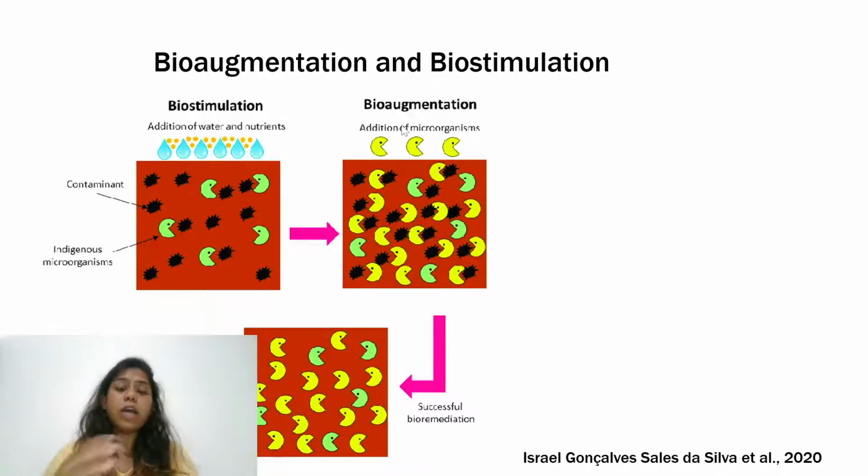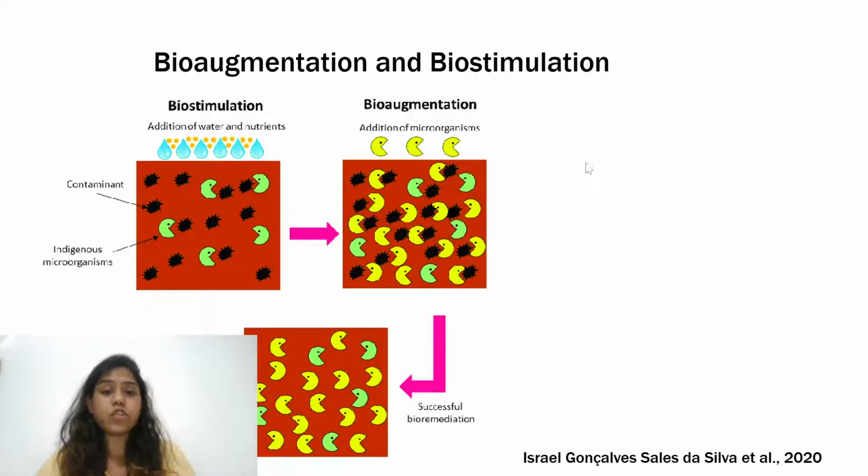So this is bioaugmentation. Augmentation means addition. So we add these external microorganism sources to the contaminated site, so that now the externally added microorganism can start chewing up the contaminant product. So that's the main difference between biostimulation and augmentation.